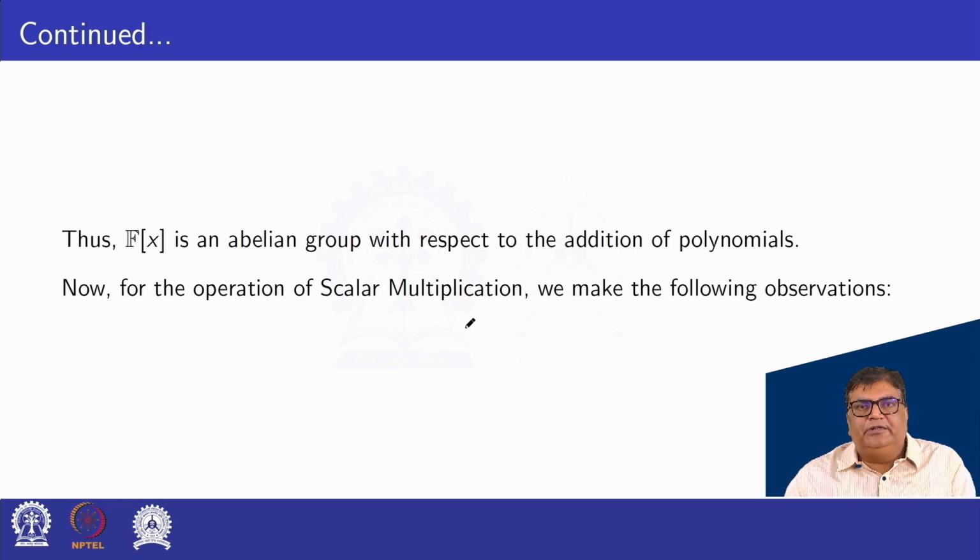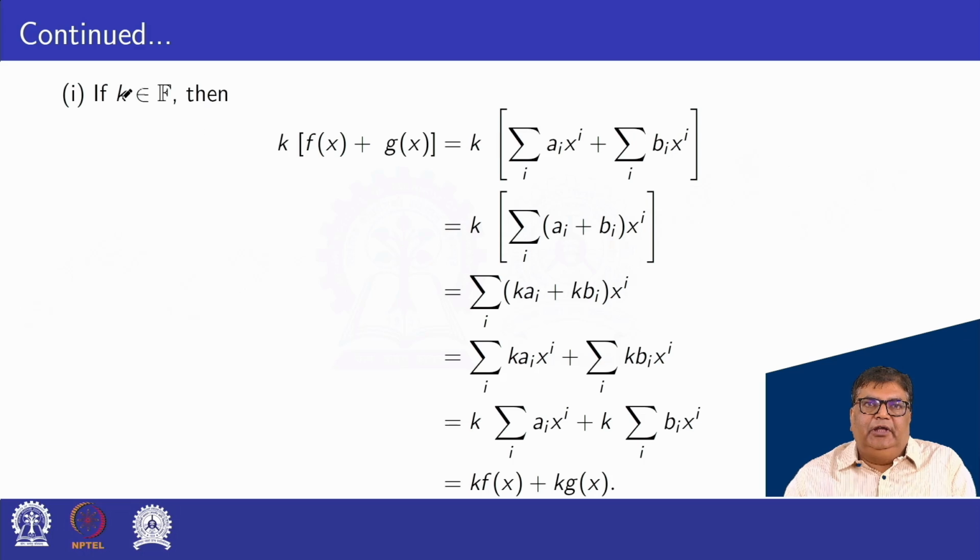Now for the operation of scalar multiplication, we make the following observations. If k belongs to F, then k times the addition of two vectors, k(f(x) + g(x)), we can write as k times the summation of a_i x^i plus the summation of b_i x^i, equal to k times the summation of (a_i + b_i) x^i. K is a scalar, so we can write the summation of (k a_i + k b_i) x^i.